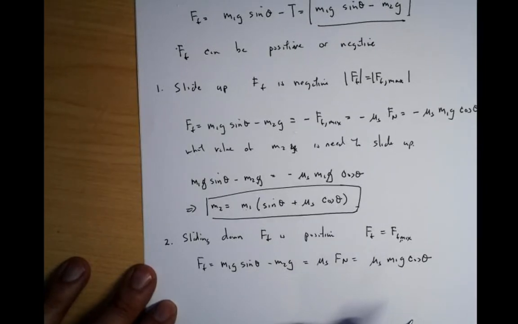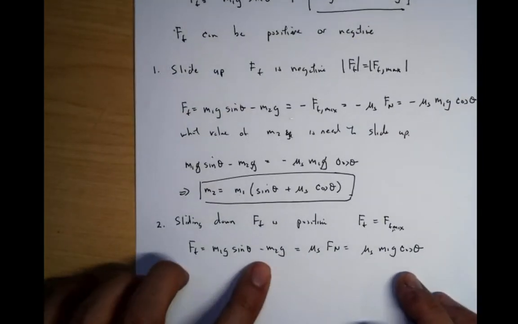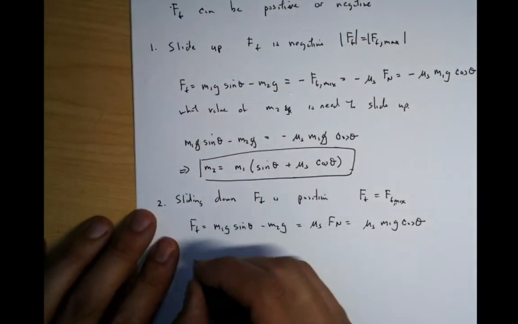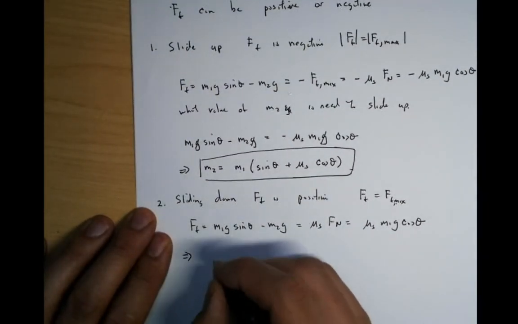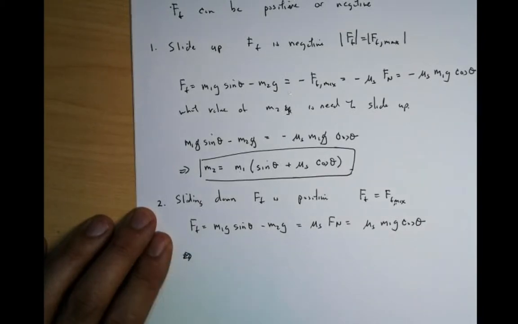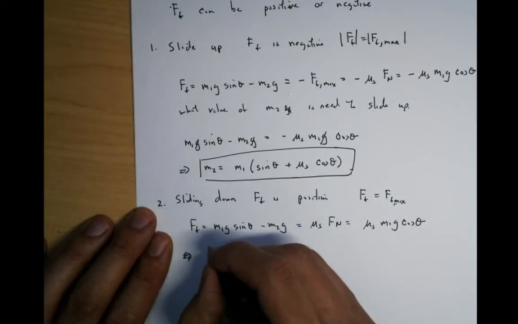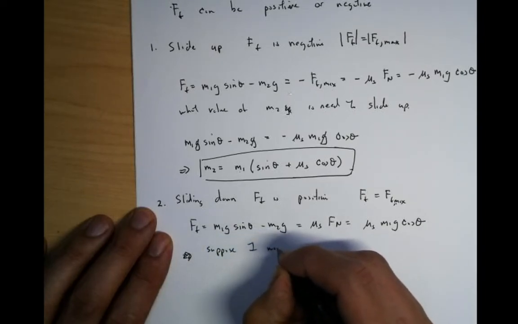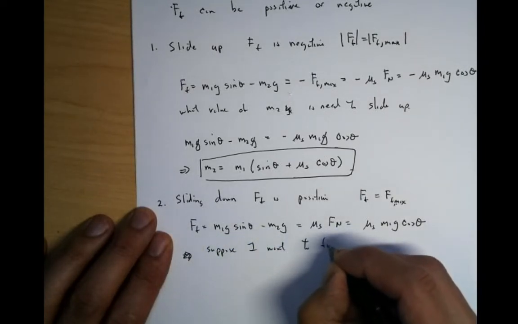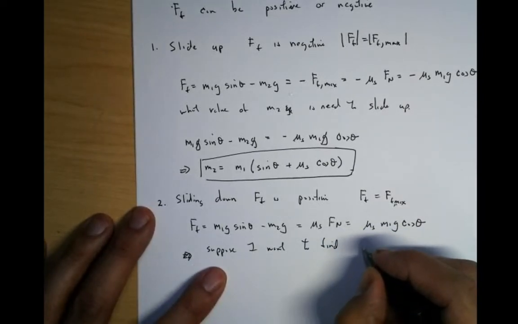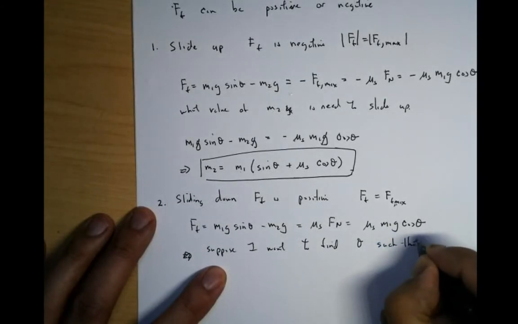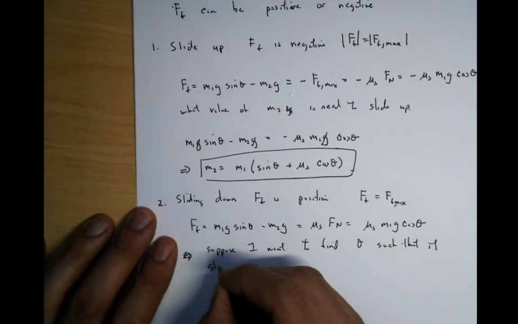Okay? Now, I'm going to do something slightly different. Well, let's just sort everything out first. And then we'll just figure this out. So let's suppose I want to find theta such that it slides down.